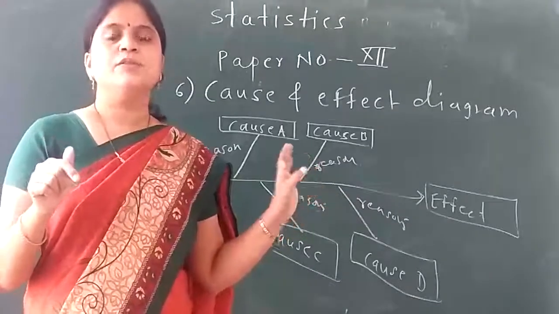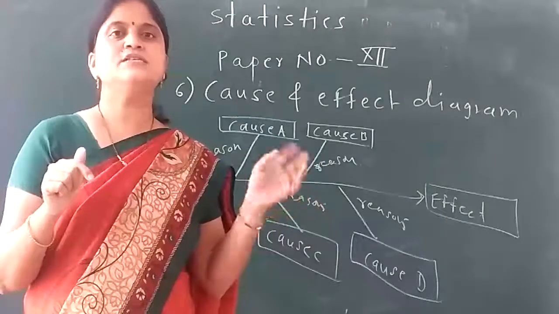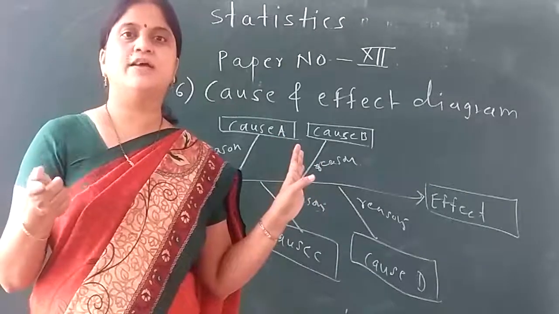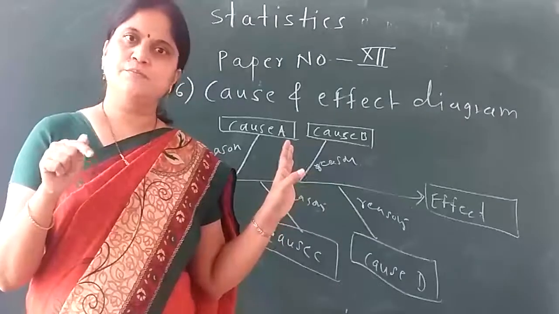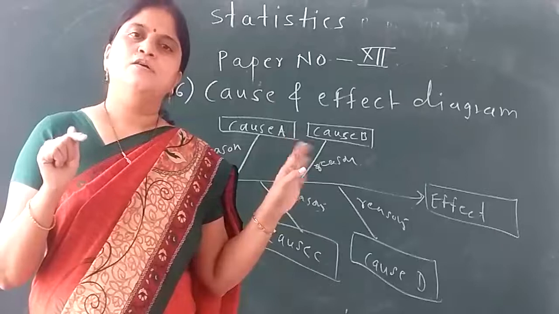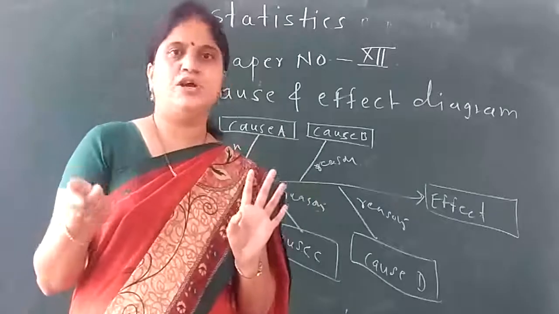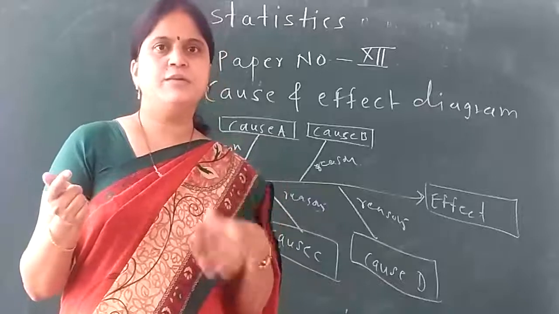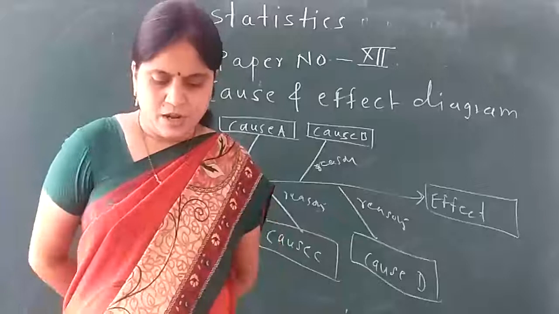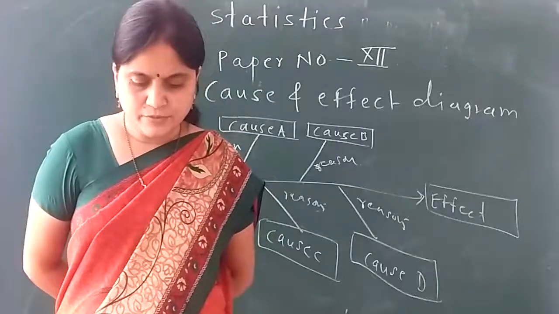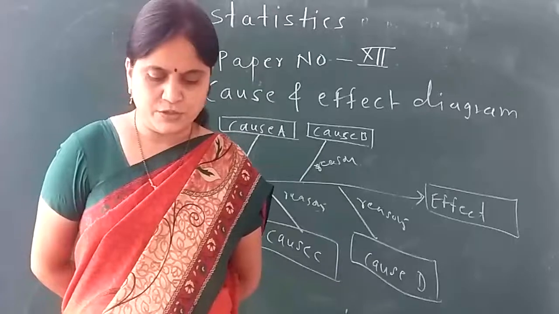Also, this diagram is given by the scientist Ishikawa, and hence the name of this diagram is Ishikawa diagram. The diagram is invented by Ishikawa. In a cause and effect diagram, the error or problem is to be identified.